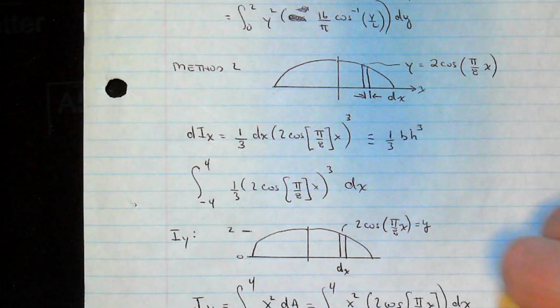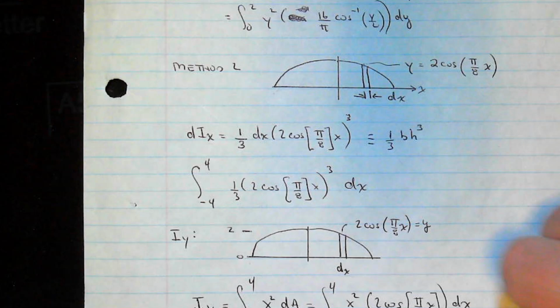Now, I'll note that if we wanted to compute Iy for this same problem, recall this went up to a height of 2. For Iy, you would care about the distance x squared. So your x is going from -4 to 4, and you're looking at how far the area is off of this desired center: x squared dA.